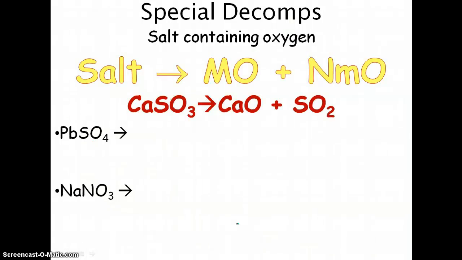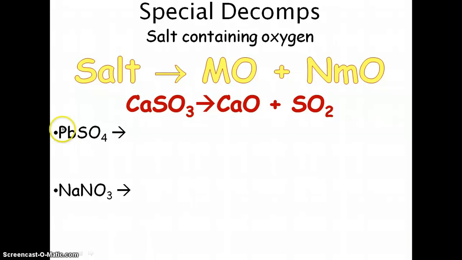All right, the last special decomposition is when you have a salt that contains hydrogen. The salt that contains hydrogen is going to break into a metal oxide and a nonmetal oxide. Again, nonmetal oxides can be a little tricky, so you might have to do a little memorizing at this stage. All right, so here we see the lead sulfate.